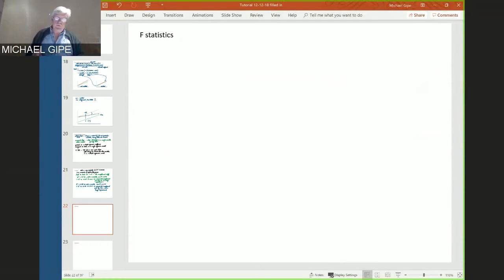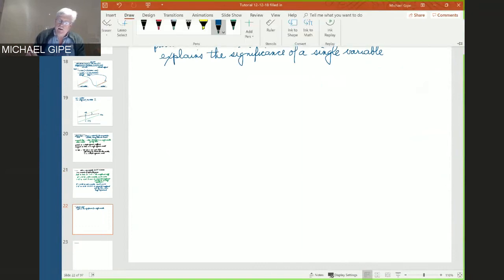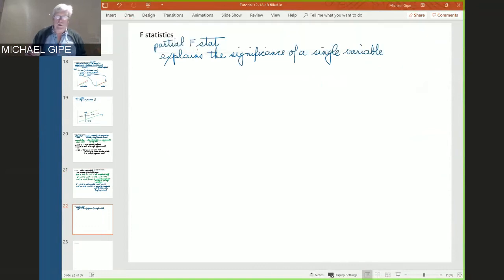Let's talk about F statistics a little bit. The partial F is one of our most important measures, and this explains the significance of a single variable, one variable out of many in a multiple regression model. And then we have the whole model F-stat or F-test.